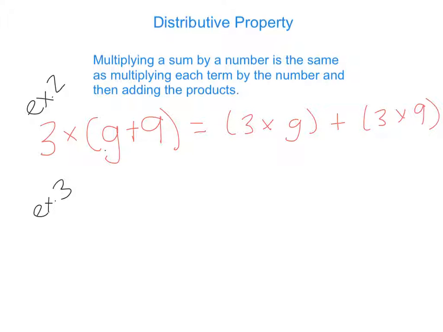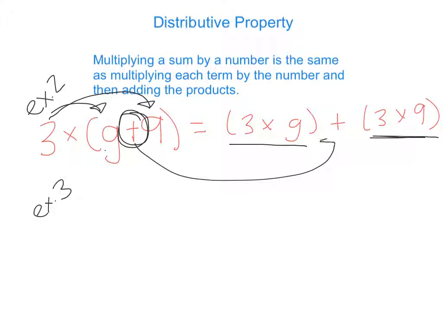I took 3 and multiplied it by g, and that's what I got here. Then I took 3 and multiplied it by 9, and that's what I got here. Whatever operation was in the middle, I carried over to this side, and I added them together.